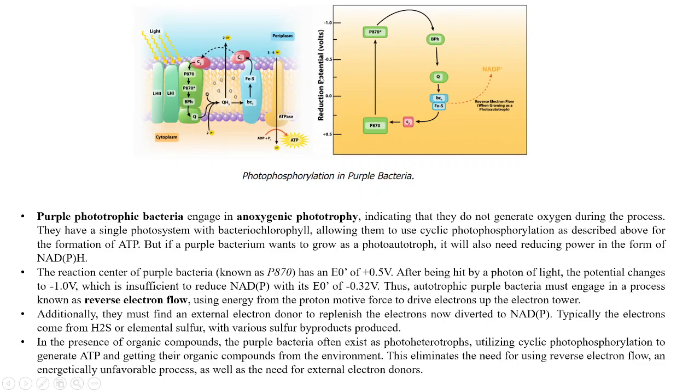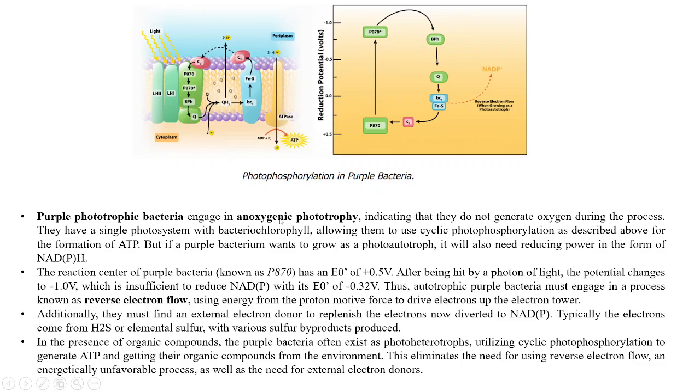But now in the presence of organic compounds, I think that will be enough for them to reduce NADP, and they can basically eliminate the need for reverse electron flow, which is an energetically unfavorable process.